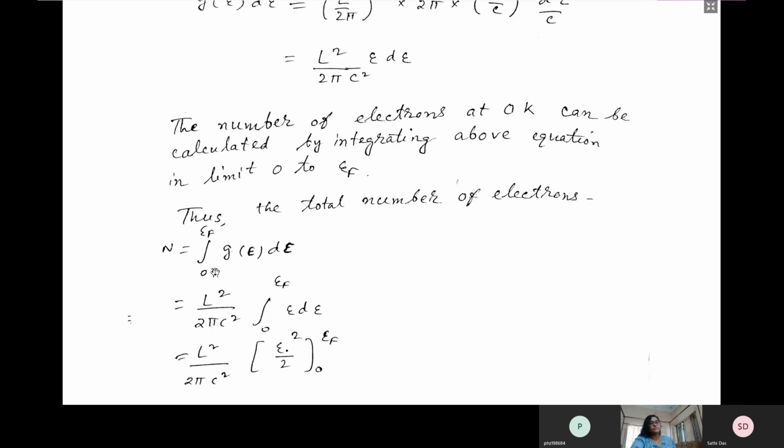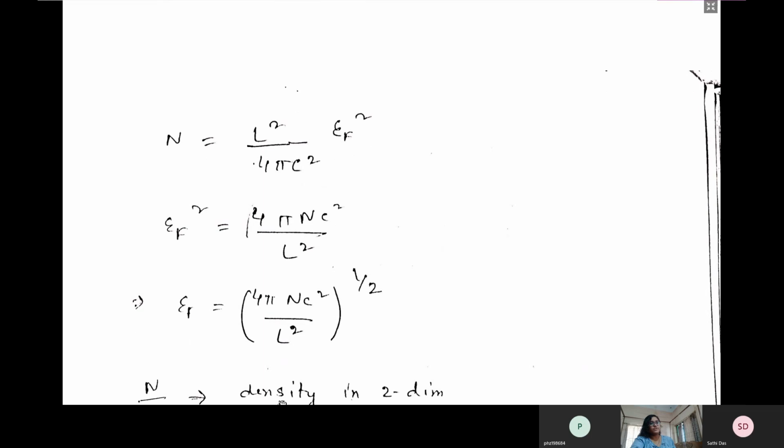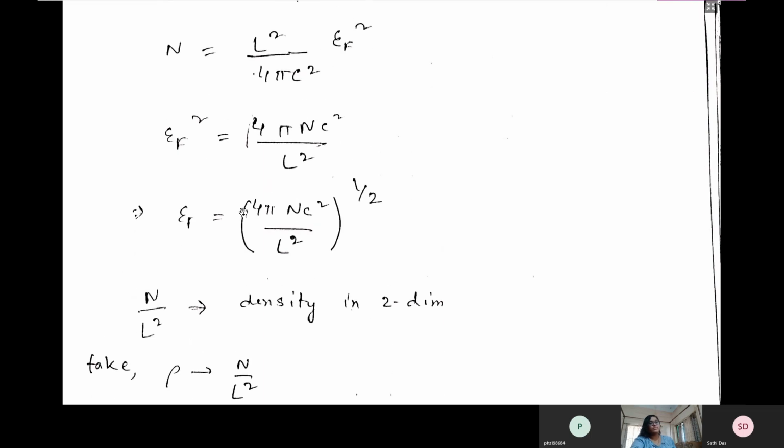So the formula for N gives N equals L square by 2 pi c square into epsilon square by 2, from 0 to epsilon F. So epsilon F becomes (4 pi N c square by L square) whole to the power half, where N by L square is the density, because it is the number of electrons per unit area, as L square is the area.